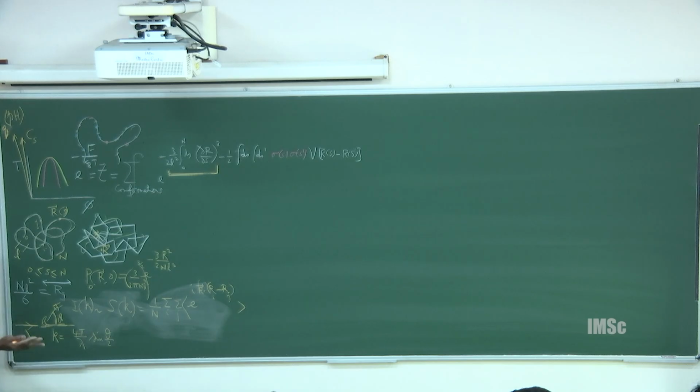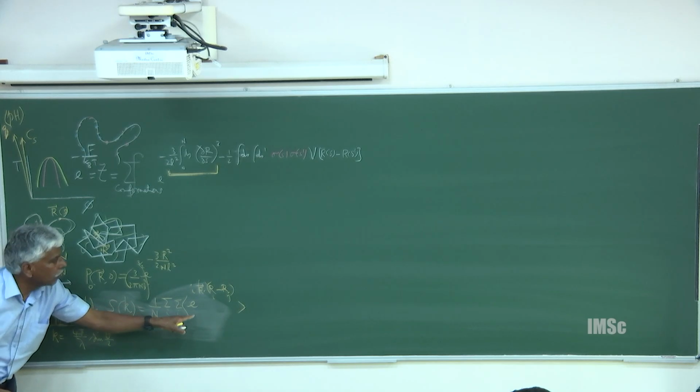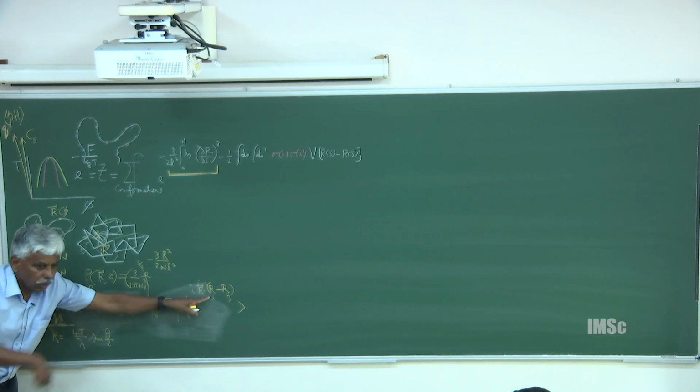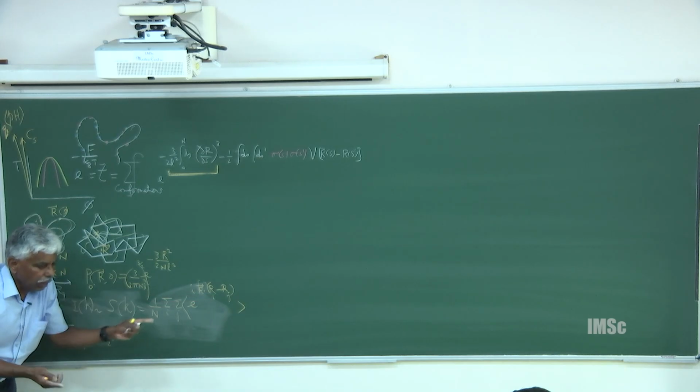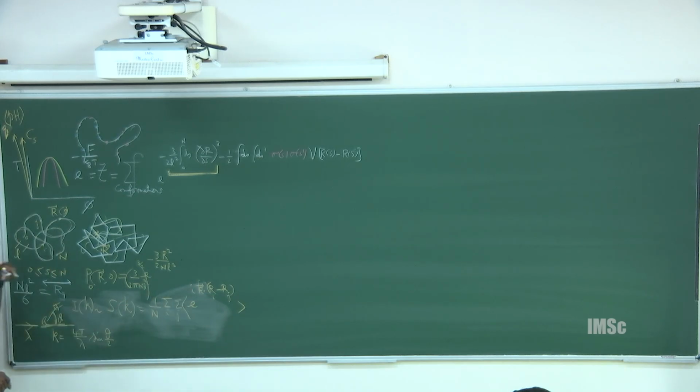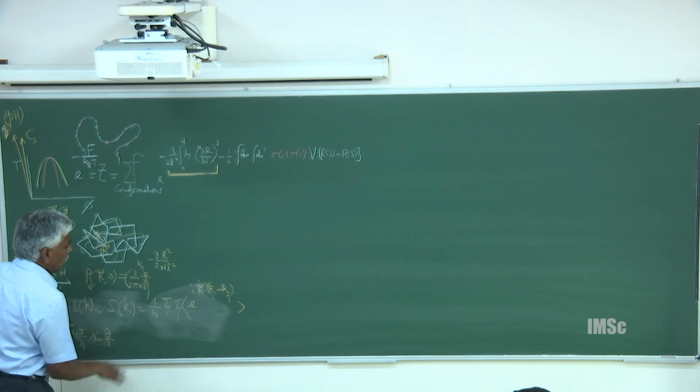The constructive superposition of scattered waves is given by this formula: e to the i k dot r i is one wave coming out, and i k dot r j is coming out from another bead, with the negative sign because of the constructive interference, and then sum over both i and j and normalize.